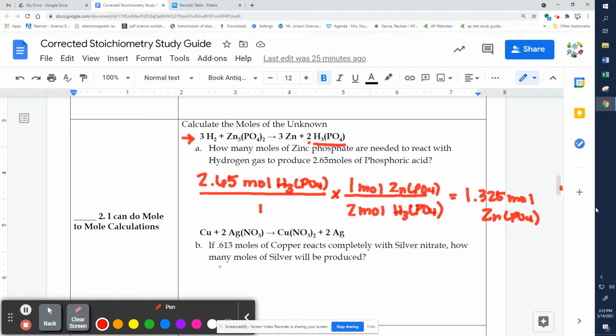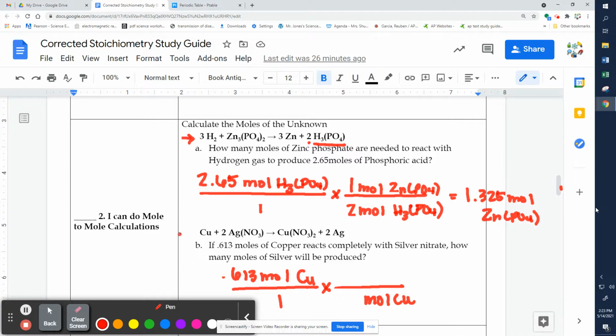So we're going to start with 0.613 moles of copper. So copper is the Cu. We put that over 1. Then we're going to write our mole ratio. On top here, we have moles of copper. So down here, I know I'm going to have moles of copper.